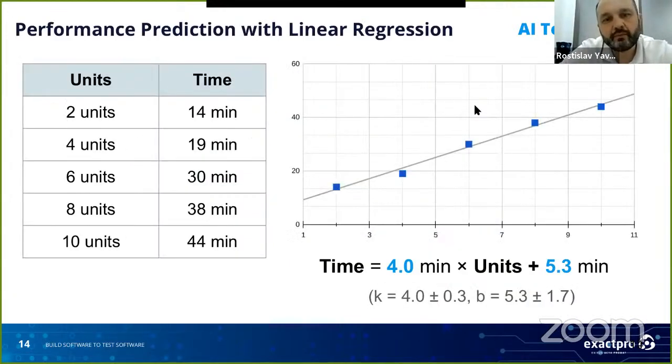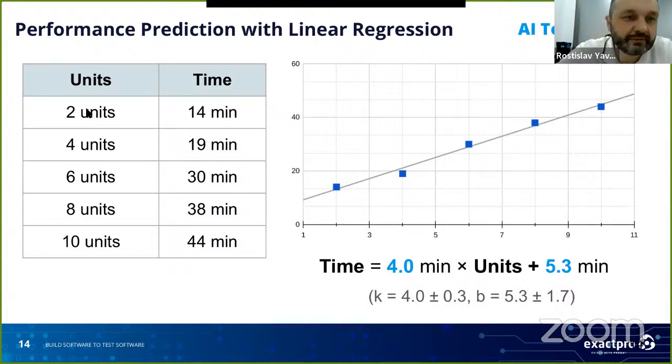So we expect that there is some kind of average time you need to perform this task. And usually you need some overhead, maybe in the beginning of your working day or at the end. So this is a good example where you could apply linear regression to compute the average time and the overhead time.